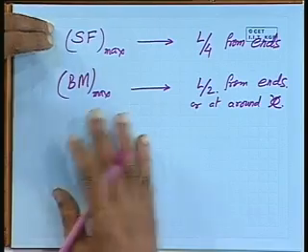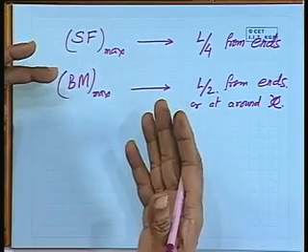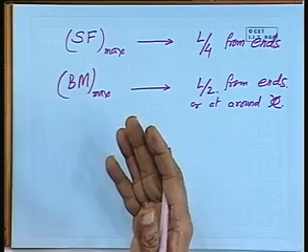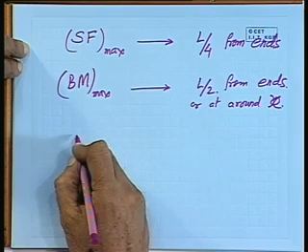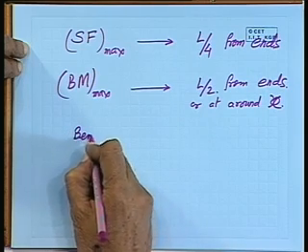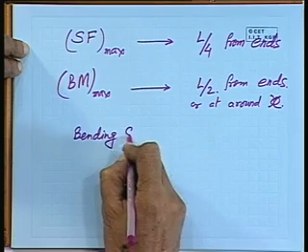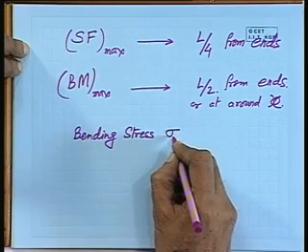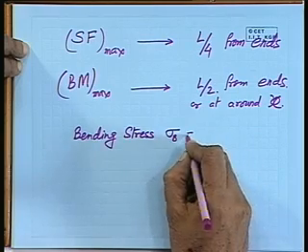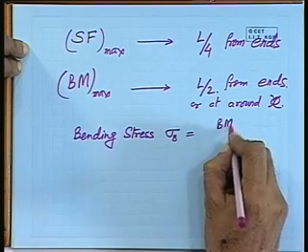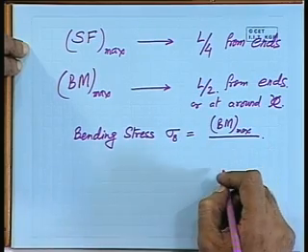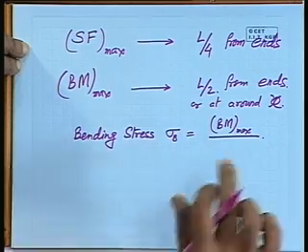But we are not interested in the shear force value or the bending moment value. What we are interested in is the stress which the material can withstand. So, we try to find out what is the bending stress. Bending stress, the notation is sigma b, which is equal to BM max by the section modulus of this section.